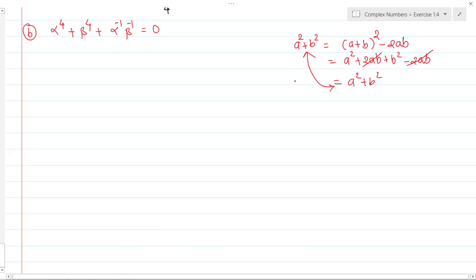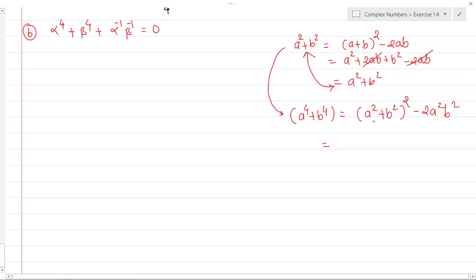Okay, the same formula I can expand for these things. a to the power 4 plus b to the power 4, I can write like this: (a square plus b square) whole square minus 2a square b square.